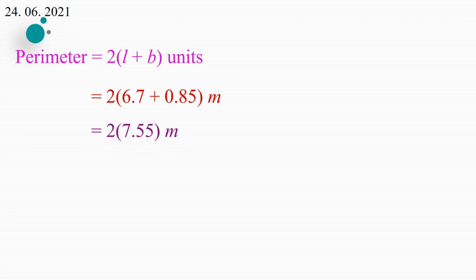So we get 2 into (6.7 plus 0.85). We get the answer is 7.55. 2 into 7.55 meter. Now multiply the values. 2 into 7.55 equal to 15.1 meter. Perimeter equal to 15.1 meter.